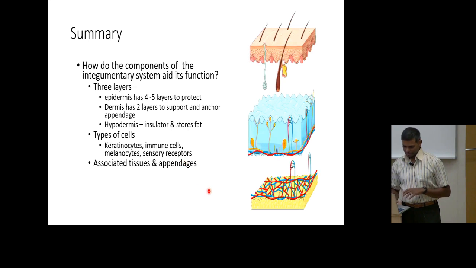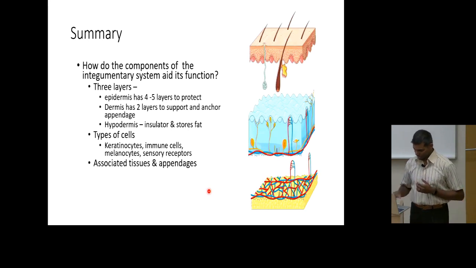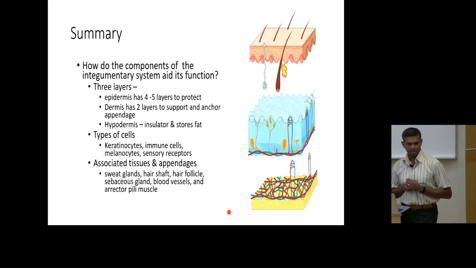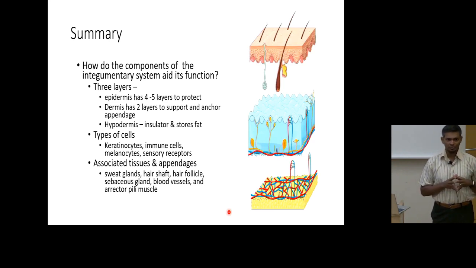And we see that the integumentary system is associated with all 4 types of tissues: connective, epithelial, muscular, and the nervous tissue. And the appendages we discussed included sweat glands, the hair follicle, sebaceous glands, blood vessels, and also the arrector pili muscles. So now that we've discussed all of these components, we will see how they help the function of the integumentary system.